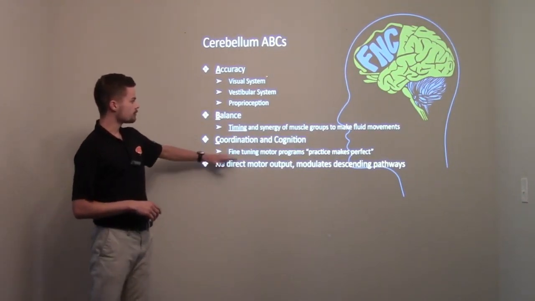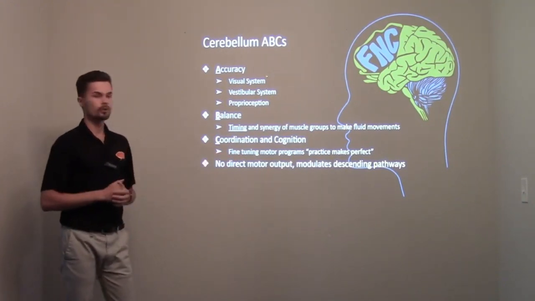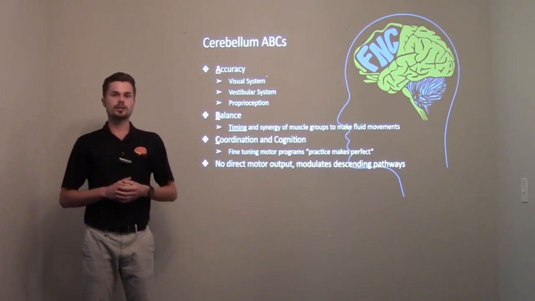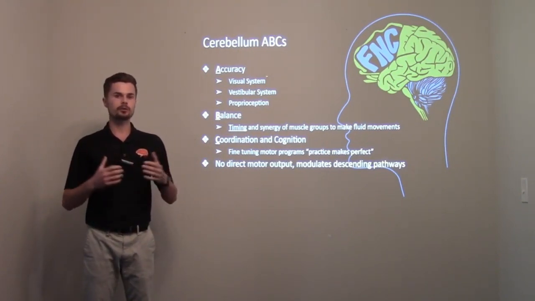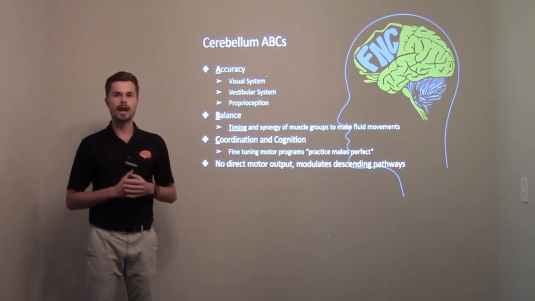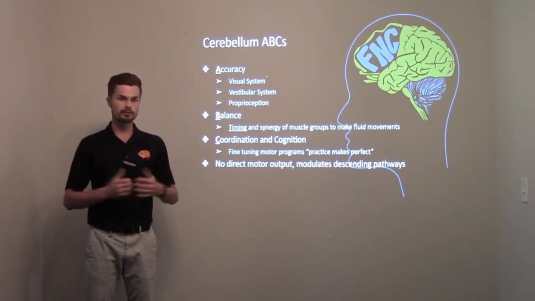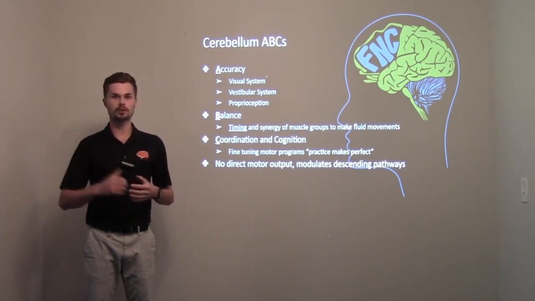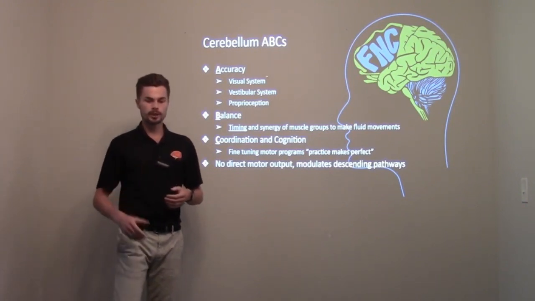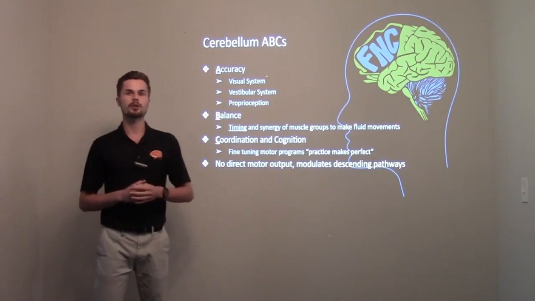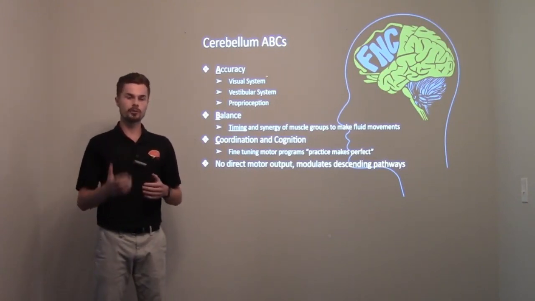But in regards to movement, it also fine-tunes motor programs. So this is where practice makes perfect. Your cerebellum has these pre-programmed or learned movements and patterns that are stored from your entire life, from development to adulthood. Picking up a pen or a bottle from this table is fairly simple, and it doesn't take a lot of cerebellar activity to perform that movement.